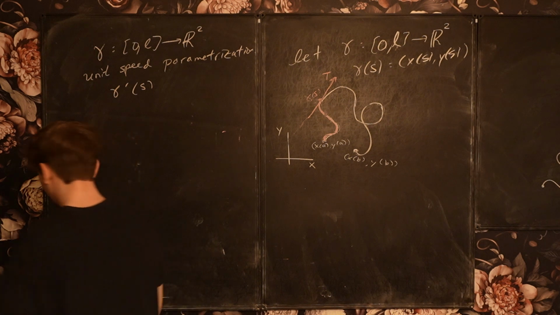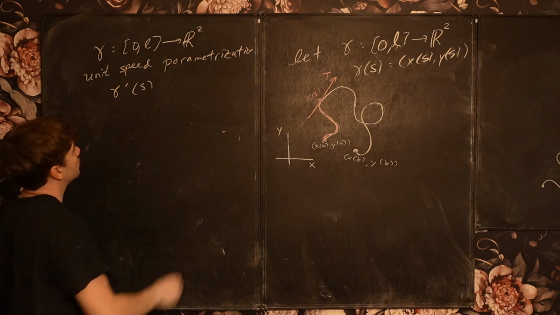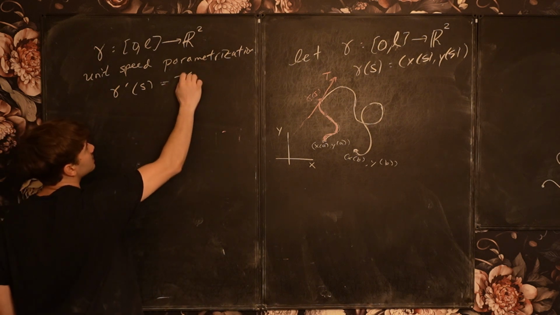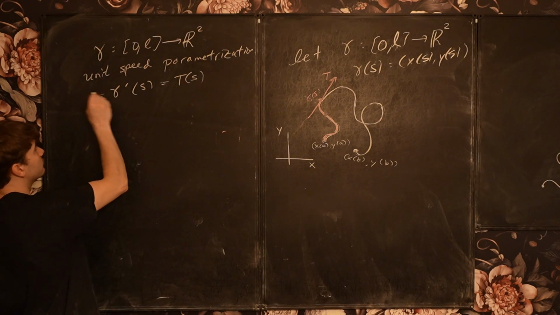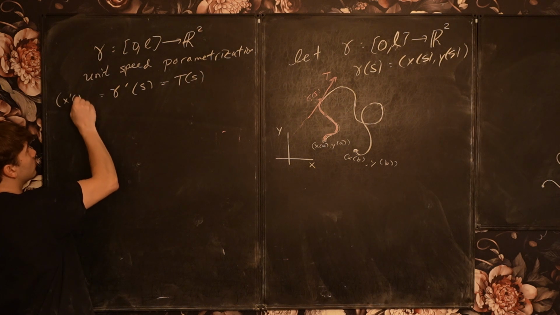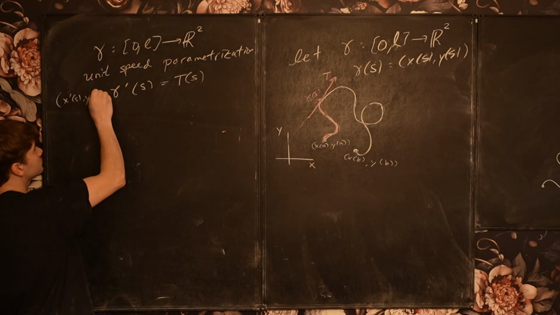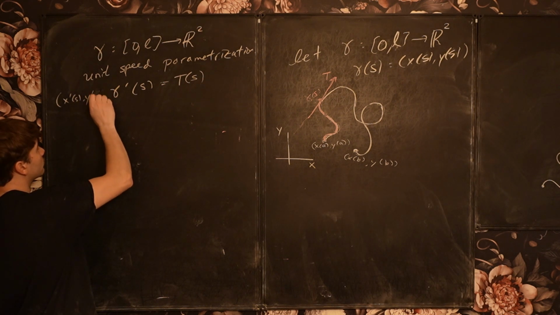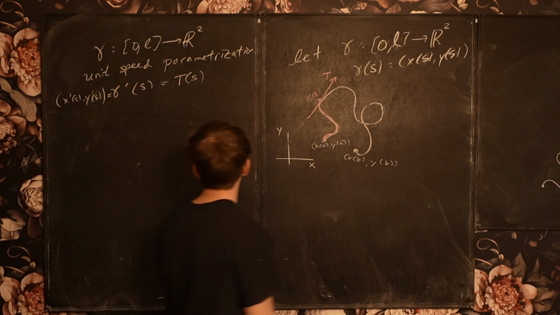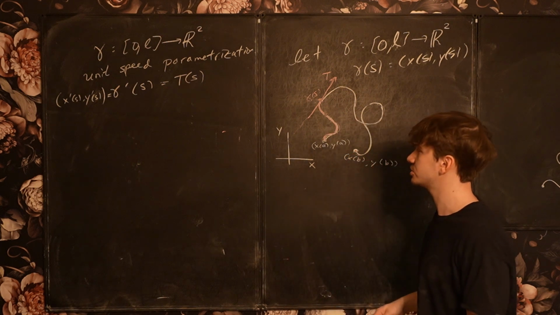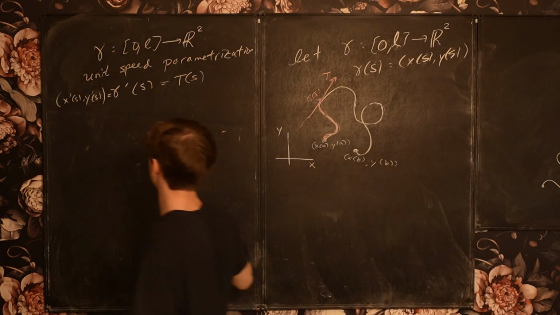So making some progress here. My tangent vector T of s is just defined to be gamma prime of s, which is x prime of s, y prime of s. And now I need to understand the curvature. So what I'm going to do is look at gamma double prime of s.